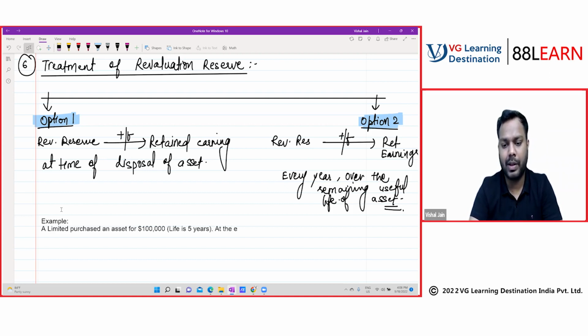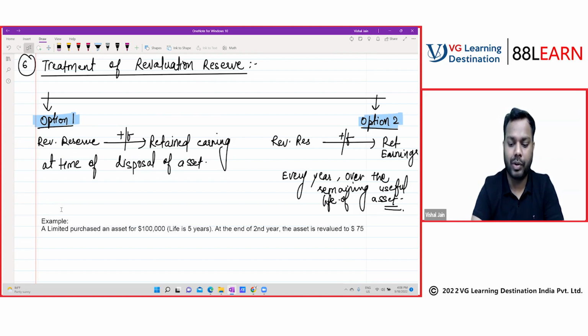At the end of the second year, the asset is revalued to $75,000.